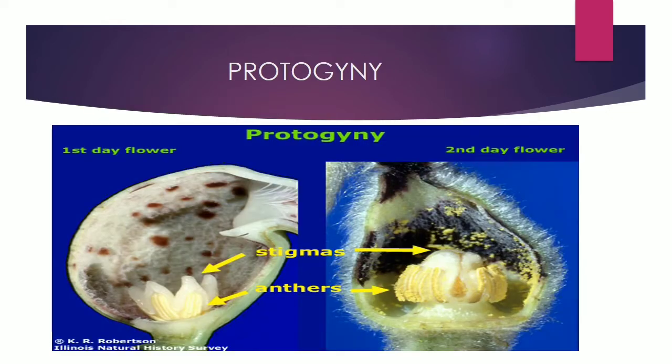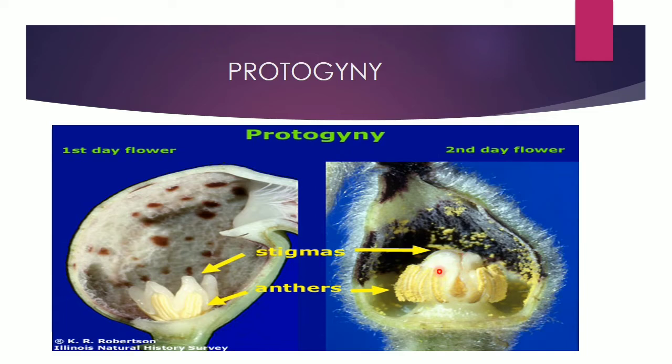Protogyny: gloriosa is given in your textbook. The picture here is not of the same plant, but protogyny is being explained. Here you can see the first day the stigma is maturing, and it will be receiving pollen grains from some other plant's flower, and that way cross-pollination takes place. On the second day, by this time the stigma is not receptive.